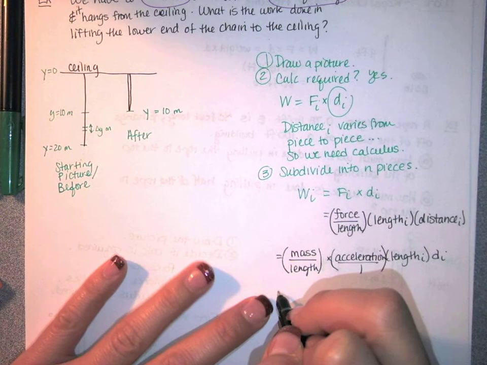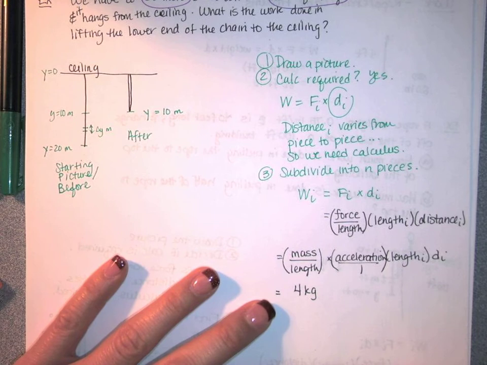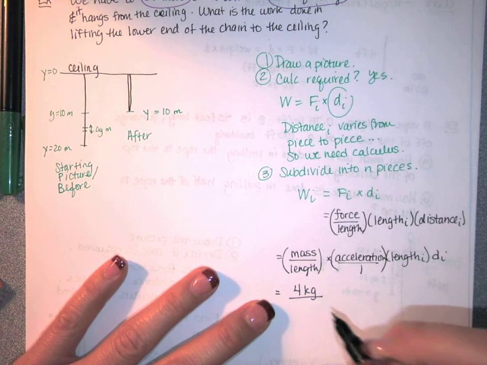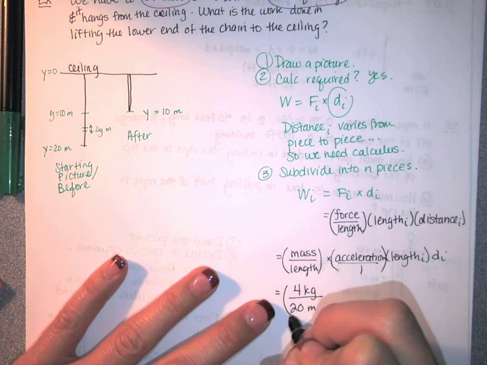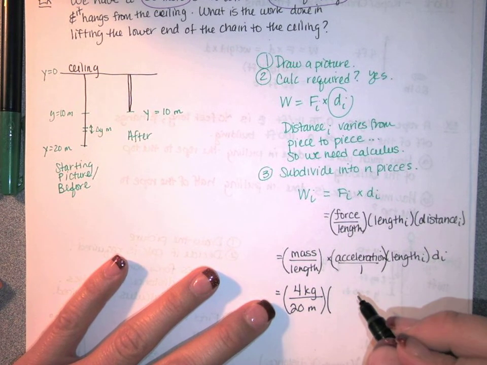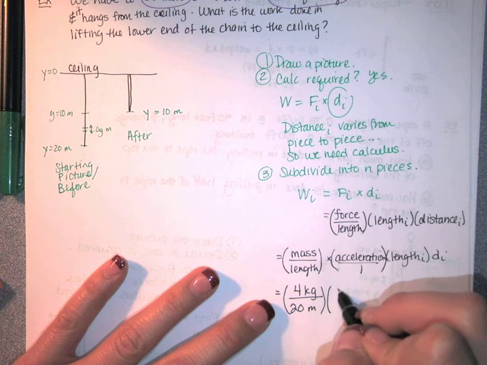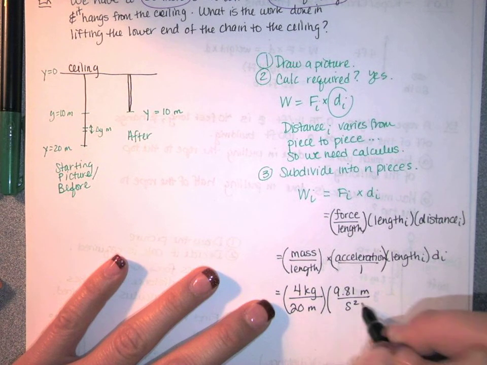Okay, so I've got mass per unit length. So this particular chain weighs 4 kilograms, and it's a 20-meter chain. And acceleration due to gravity, that's what we always multiply by when we're finding the weight of something. In SI units, that's 9.81 meters per second squared.